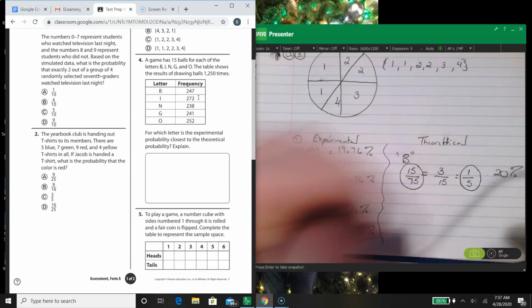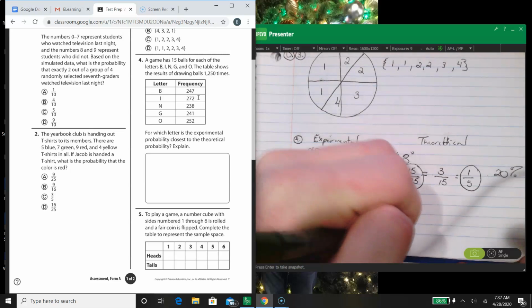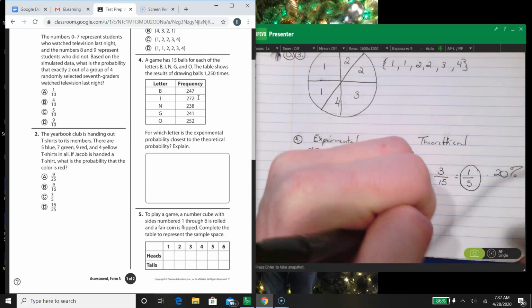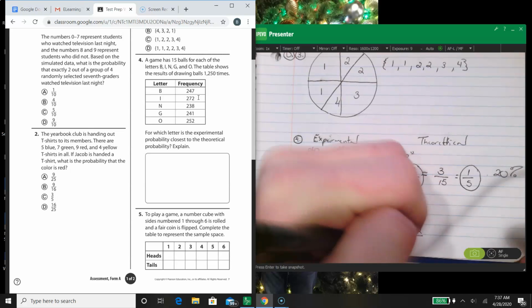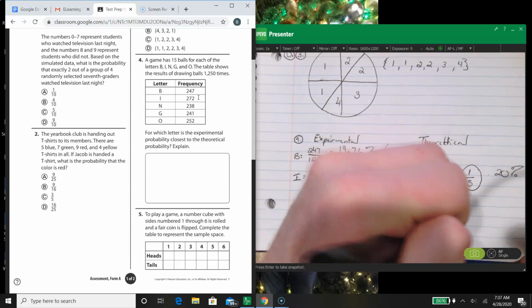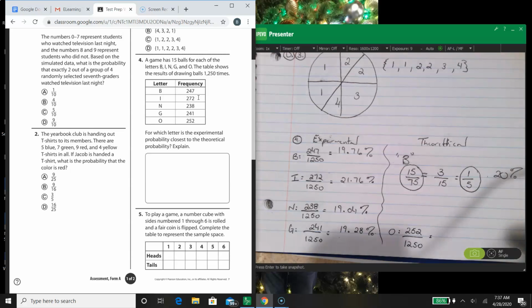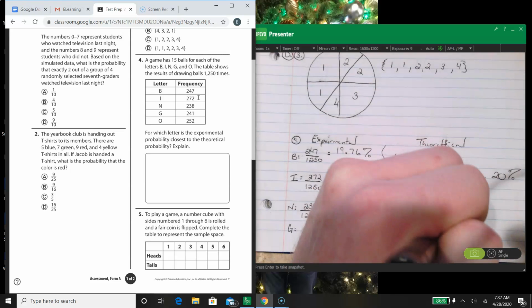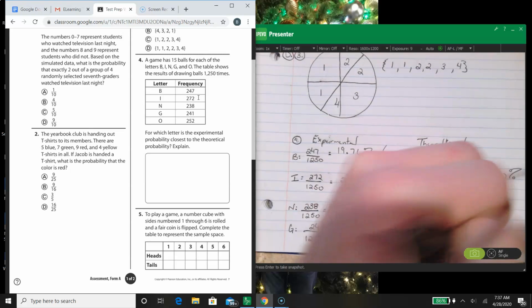And last but not least, I've also got O. So O is going to be 252 over 1,250. And when we divide here, we end up with 20.16%.